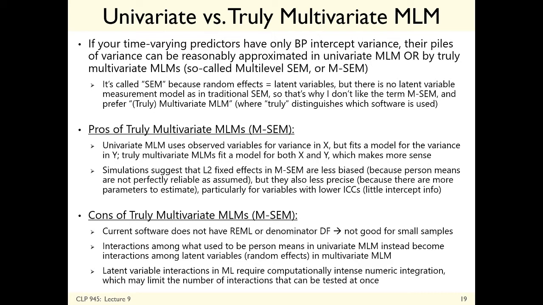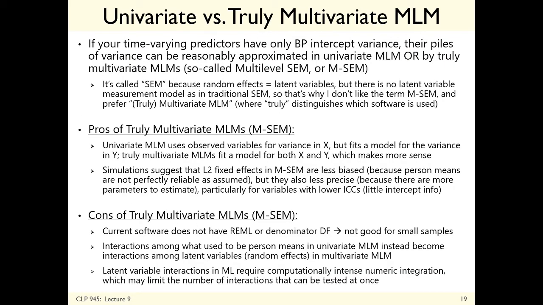However, if my person mean has been replaced by a circle, now I'm talking about a latent variable interaction. Those require numeric integration. So how many you can have at the same time and whether they actually work is a lot more problematic. So these models get exponentially more complex because everything is latent. And when you have not a lot of data, that's not a good thing.